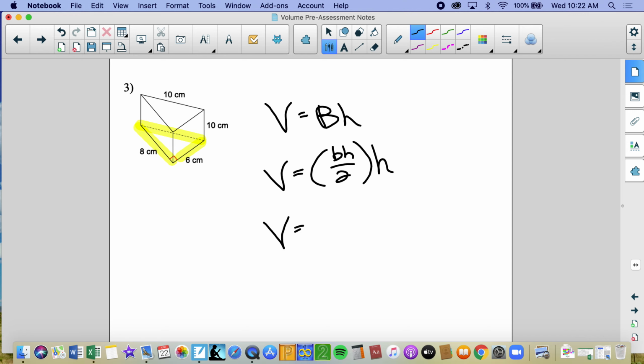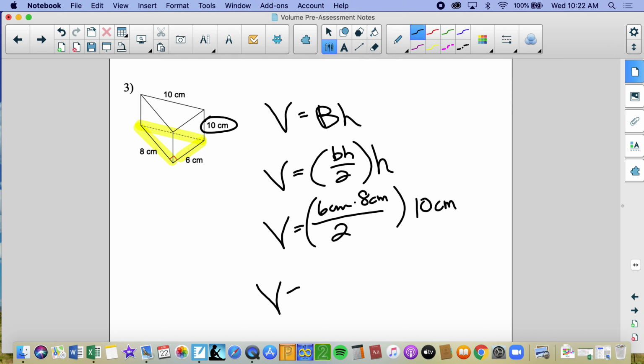Remember the base and height have to be perpendicular, and the base has to be a side of the triangle. So I'm going to choose 6 centimeters as the base. Perpendicular to that, going from the base to the top of the object, would be 8 centimeters divided by 2. And then I'm going to multiply it by the height, the distance between the two bases, which would be 10 centimeters.